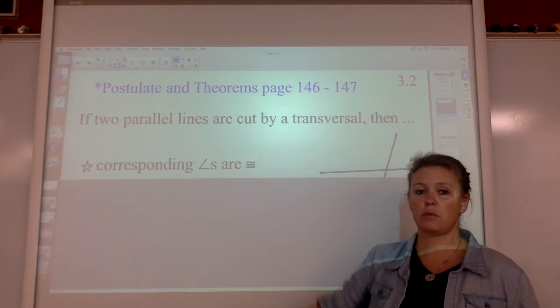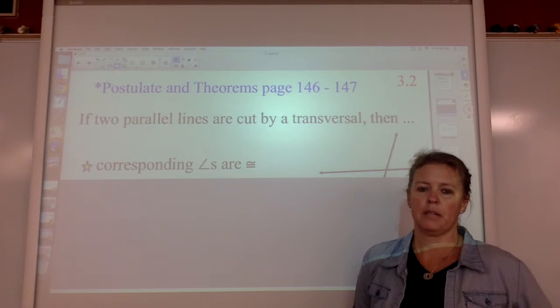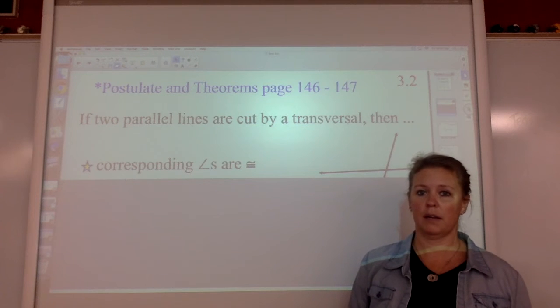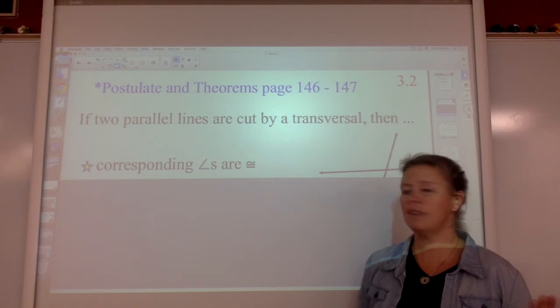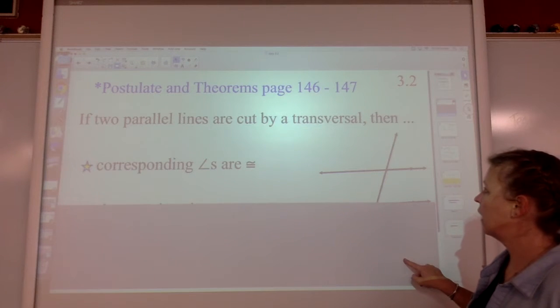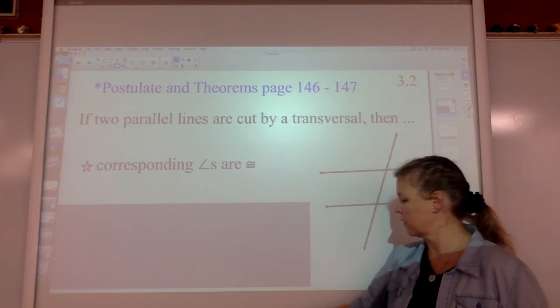The first one: corresponding angles are congruent. We already know what corresponding angles are, or you're supposed to know. But now, if these two lines are parallel, your corresponding angles are actually going to be congruent to each other. And I'll show you that over here.